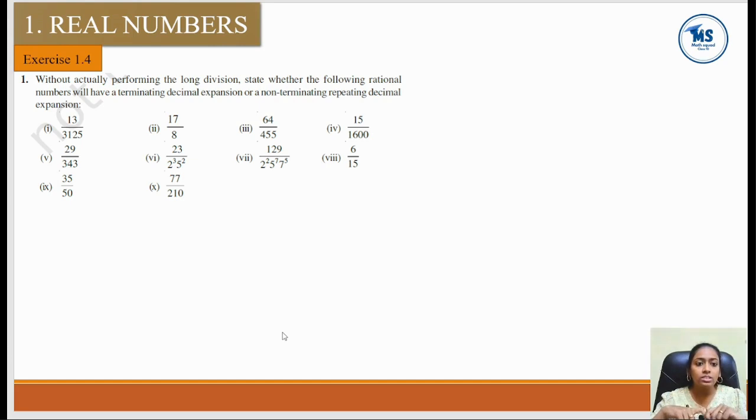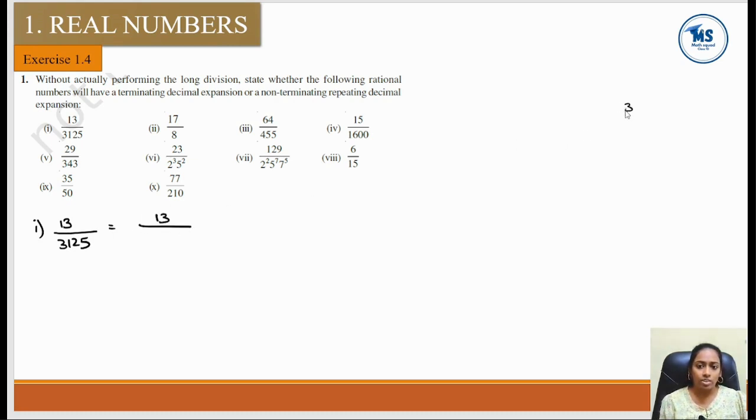We need to say that this given rational number is terminating or non-terminating repeating just by seeing the denominator, but not performing the actual division. Okay, so the first question is 13 by 3125.